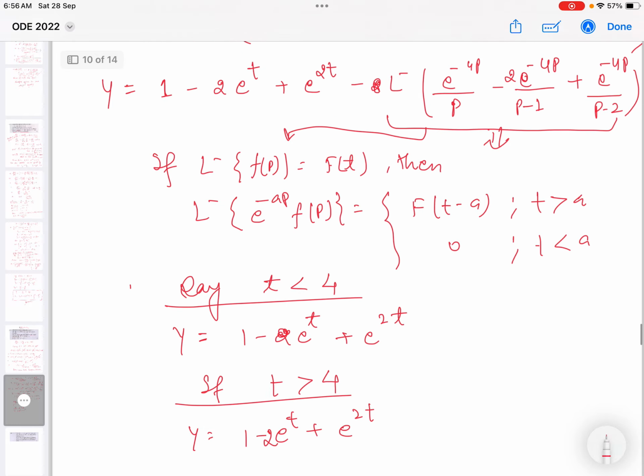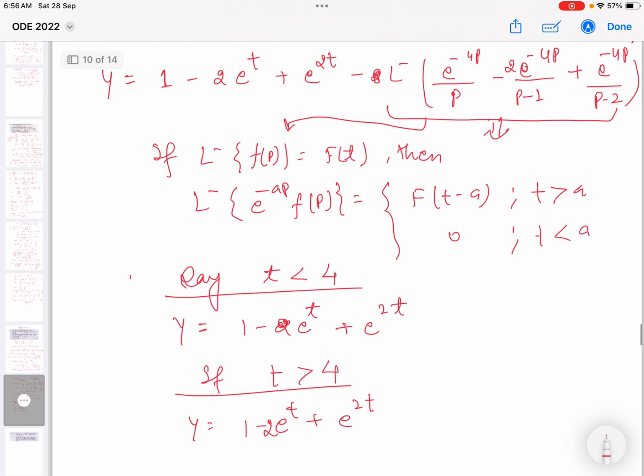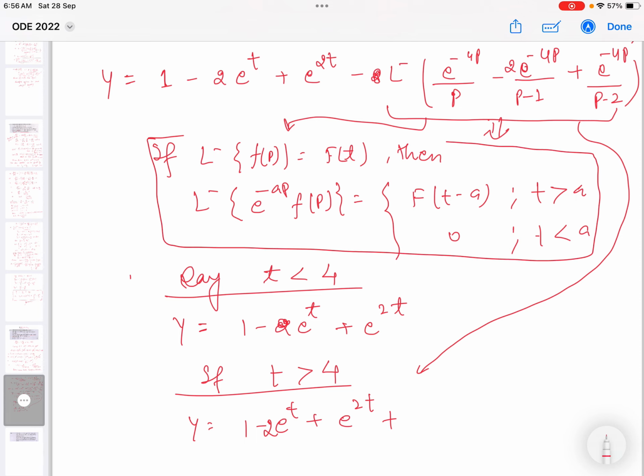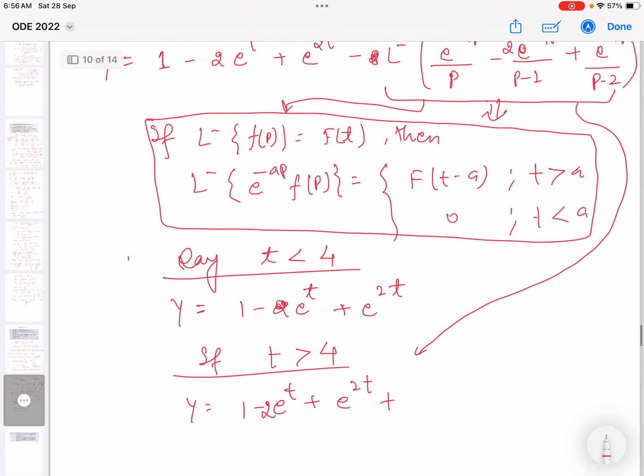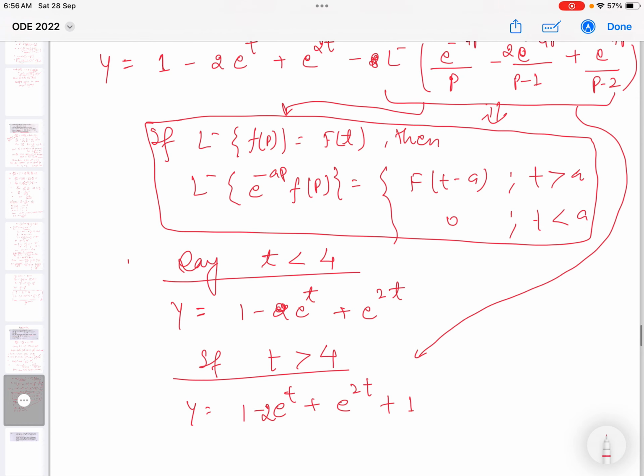And in order to solve this, we are using this formula only, nothing else. So we know that the Laplace inverse of 1 by p is 1. Even if we put t minus 4, it makes no difference, as there is no variable term involved.